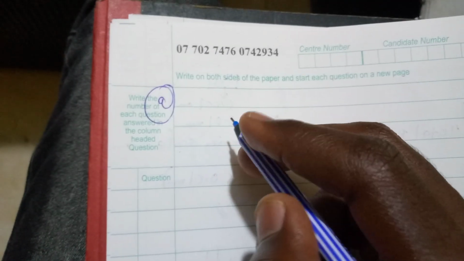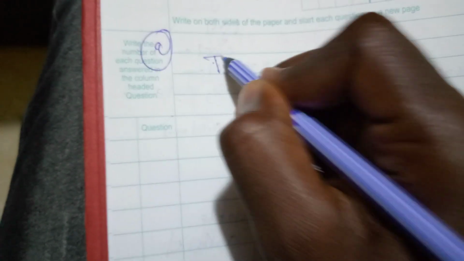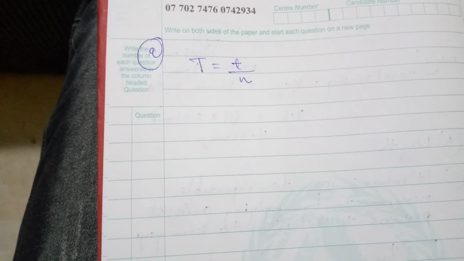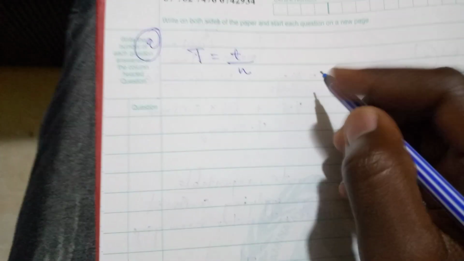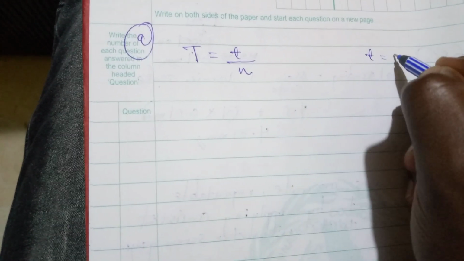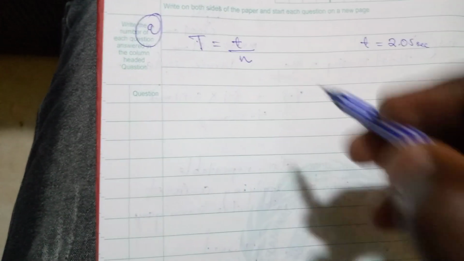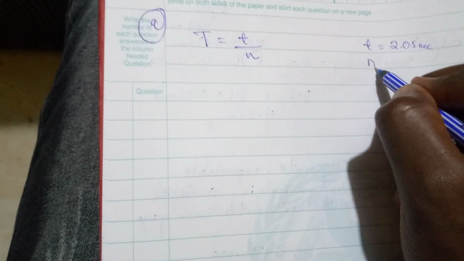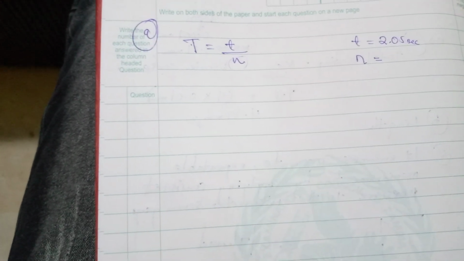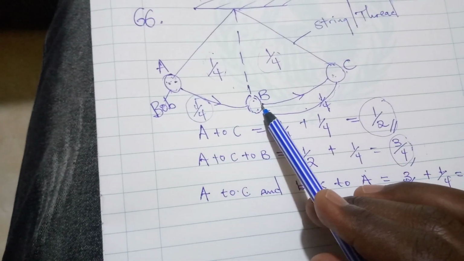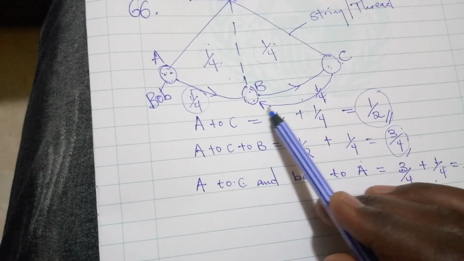So first question, they said we calculate the period of the pendulum. So period of the pendulum is calculated by the time taken over number of oscillation. Like I said, the time we have been given is 2.05 seconds, and the number of oscillations. So an object moves from A to B to C and back to B there.